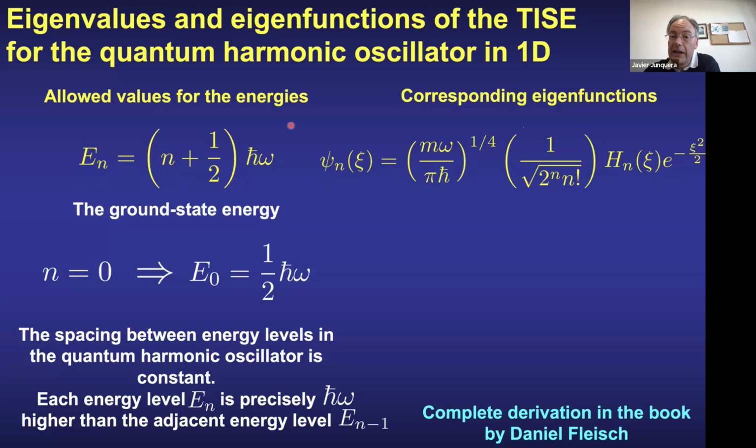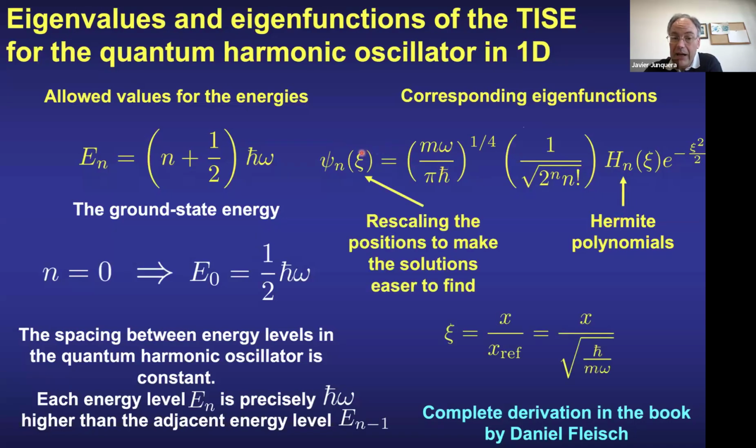So what about the eigenfunctions? The eigenfunctions take this form here, where this capital H here are the Hermite polynomials, and the value chi that I am writing here is a way of rescaling the positions to make the solutions easier from the analytical point of view.